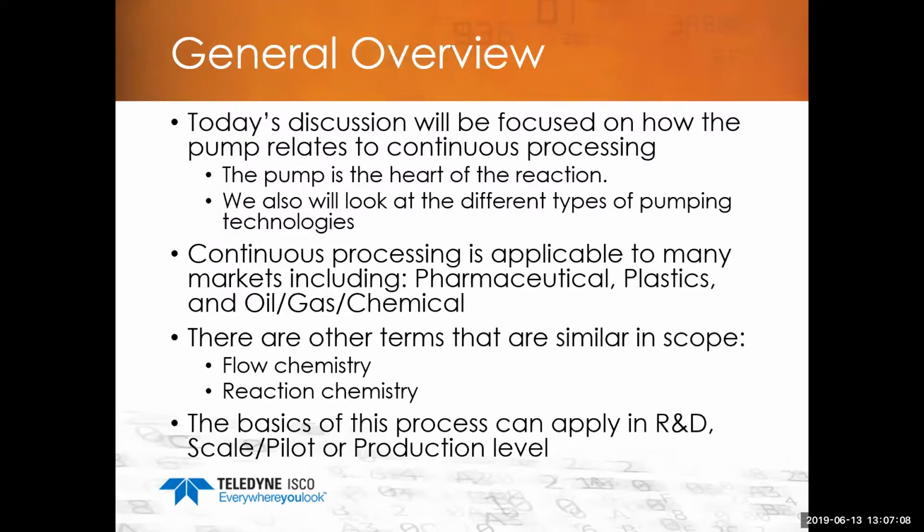You're going to see this type of activity in any facet of the production process, whether it be discovery/R&D, scale, pilot, or even production. You'll see that out there to a certain extent, but probably more so in the discovery, R&D, and scale pilot section of the continuum of the manufacturing process.